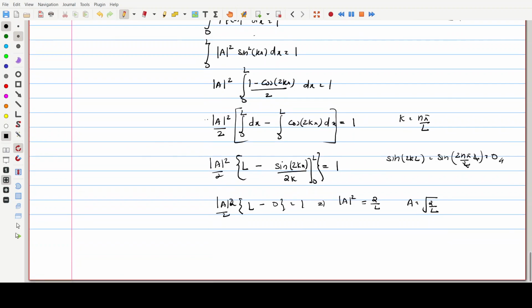So finally, the wave function, or the energy eigenstate, the wave function of the stationary state, psi n of x is root 2 by L sine n pi x by L, and correspondingly the energy En is n squared pi squared h bar squared divided by 2 m L squared. Okay, so we have completed the first part of the solution.